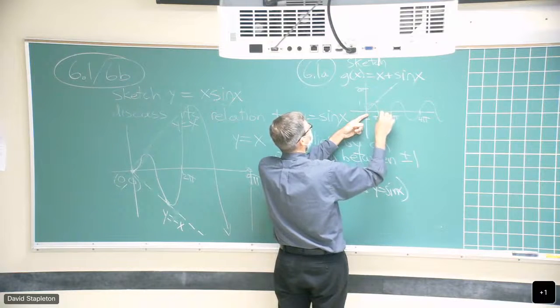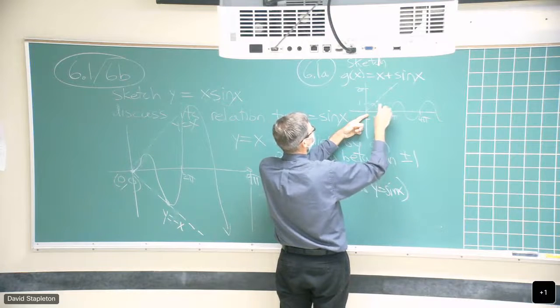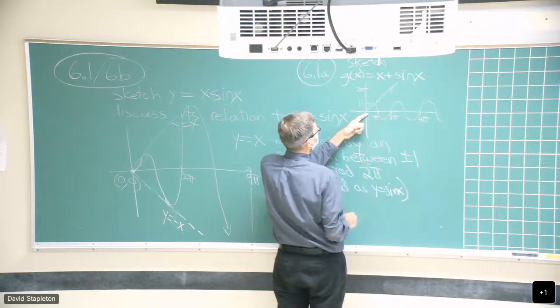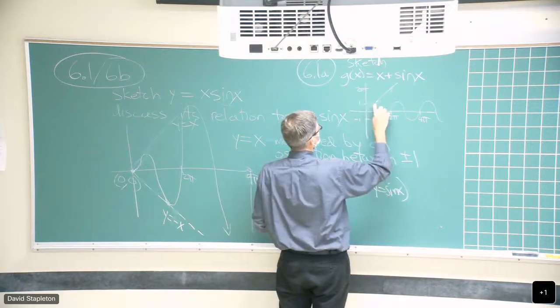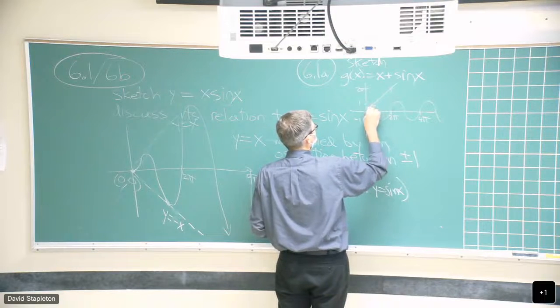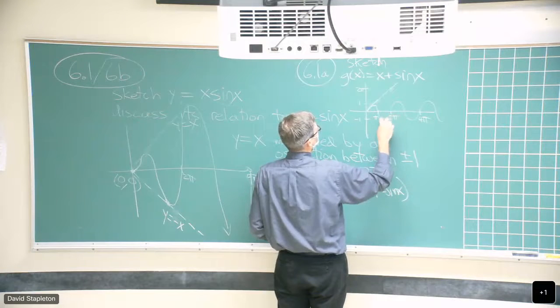That's too close to 1, isn't it? It's hard to draw this to the right scale, but the other thing is it turns out from calculus, we don't tell you this yet, but sine starts out as just tangent to this line y equals x. So it looks like that. So there's pi and there's 2 pi.